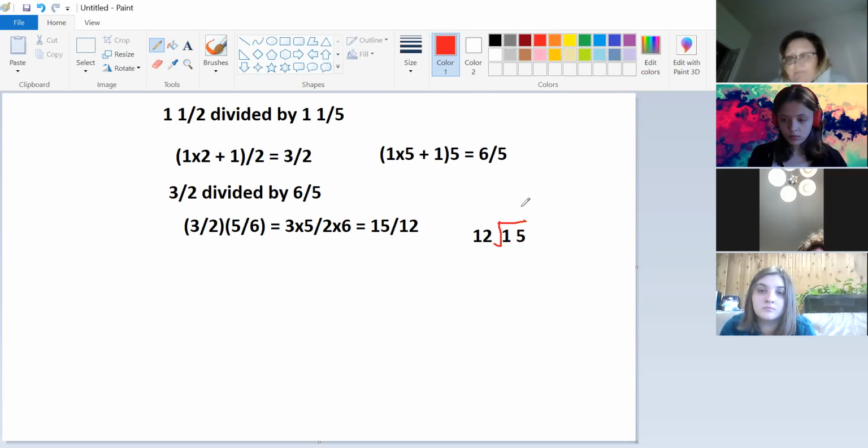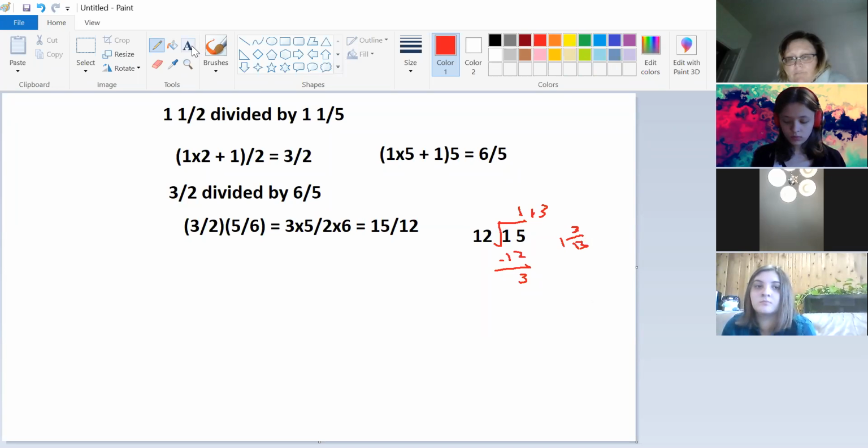So 12 into 15, it goes 1, right? 12, and I subtract that, and that's a 3, right? So it's a remainder of 3. Okay, so now it's 1 with a remainder of 3. So the answer becomes 1 and 3 over 12, right? Is that okay? I've just converted this into this.